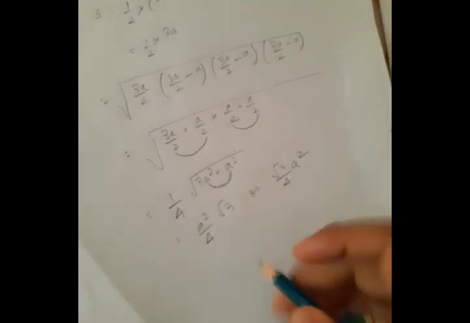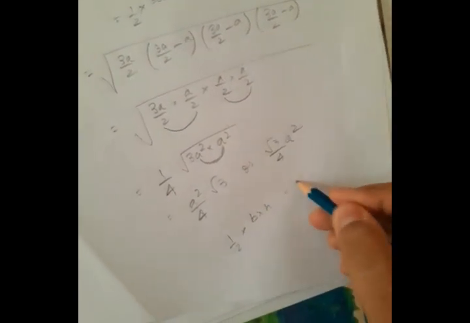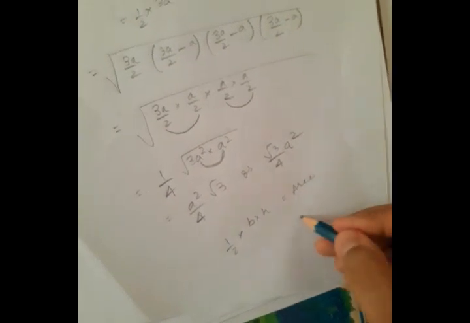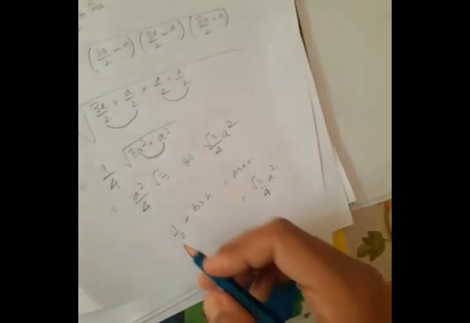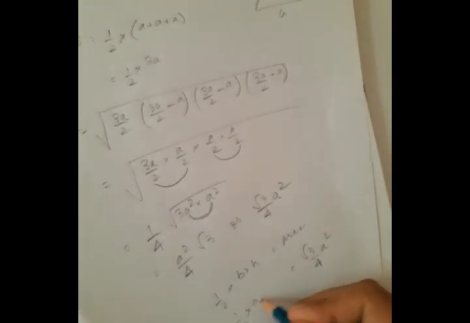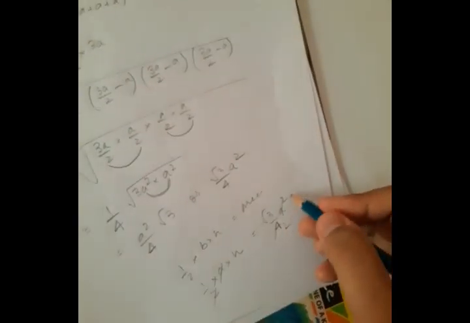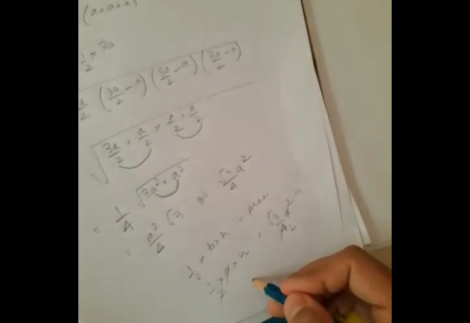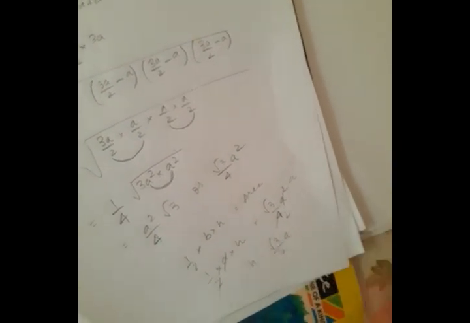For height we know that half into base into height equals area. The area is root 3 by 4 a square, and the base is always a, into height by 2, and with this we cut out a. So height equals root 3 by 2 a. So it's clear about equilateral triangles.